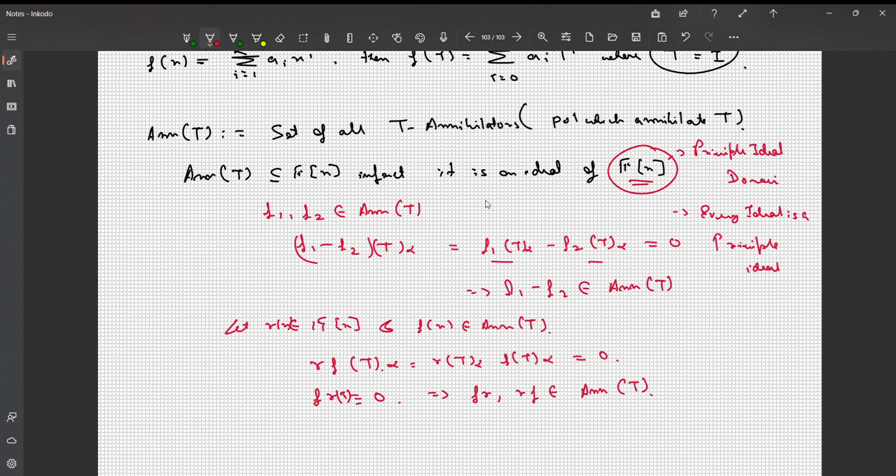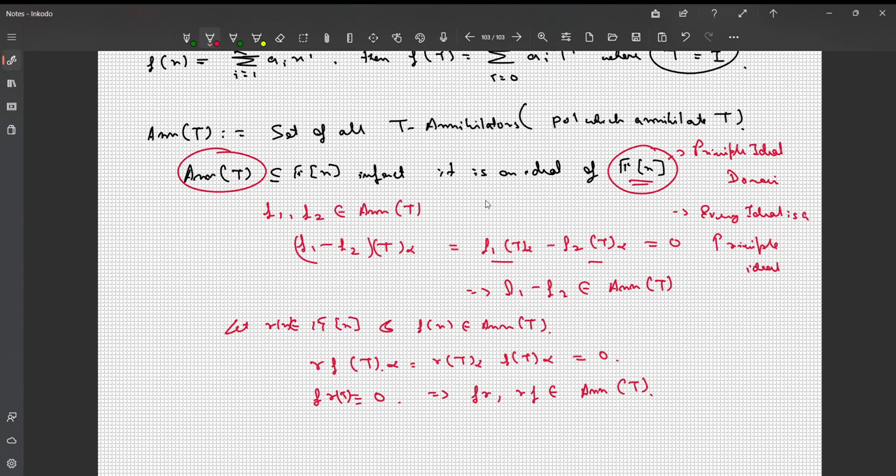Hence the annihilator of T has a unique monic generator, or I should say a least degree monic generator. But we can talk about that only if we are sure that there exists a finite degree annihilator of T.